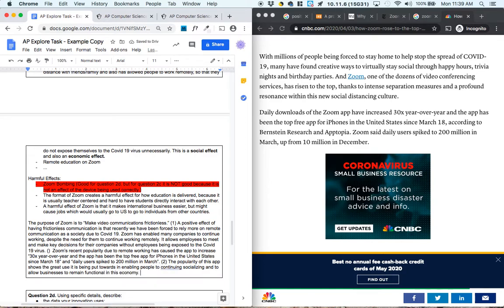And I'm trying to highlight there the economy and social aspects. And we'll cite that one too as well.